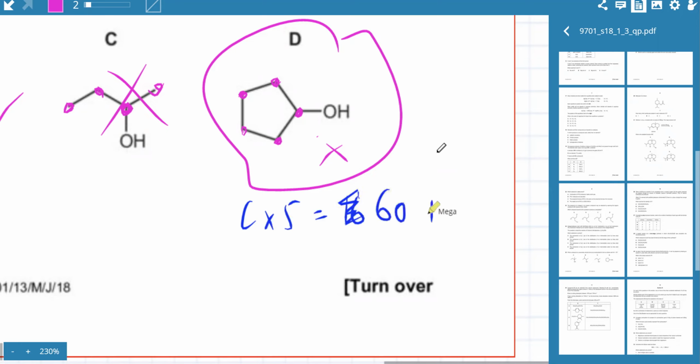60, plus there is oxygen. That's 16, plus 1 hydrogen. And how many hydrogens do you have? That's 2, 2, 2, and 2. So that's 8 more. What do you get? That would be 68 plus 17.